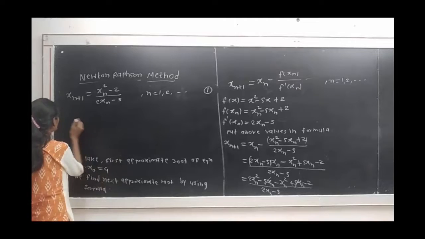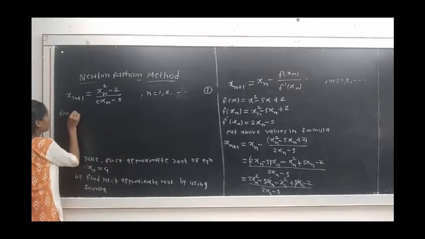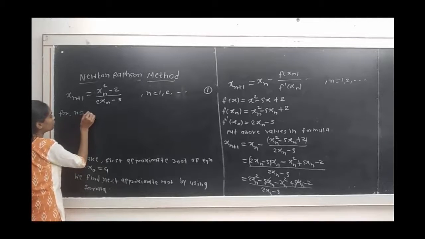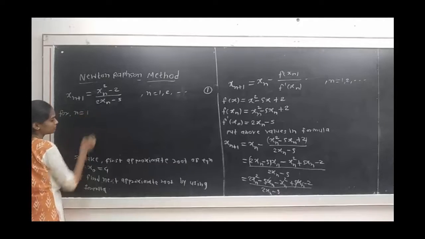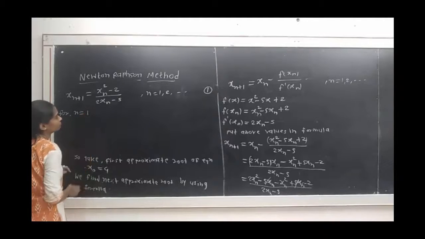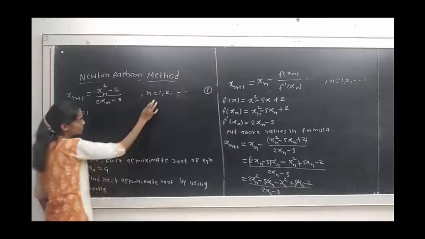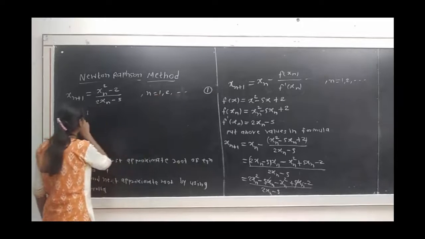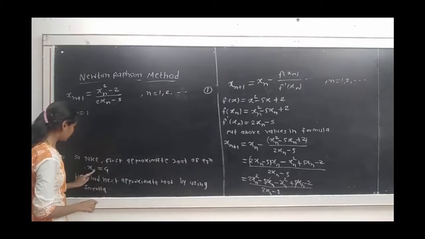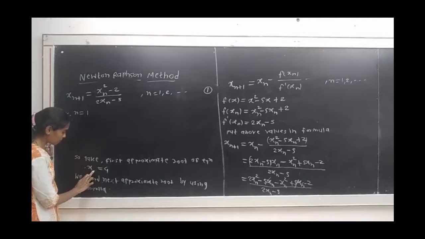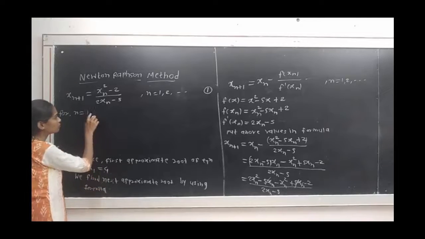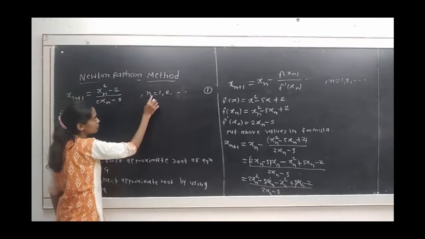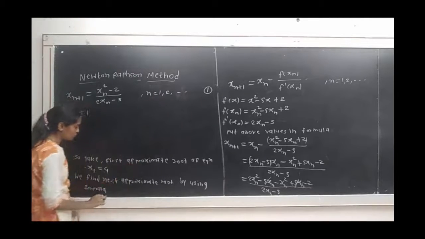So for n is equal to 1, here we consider the initial approximation x1 is equal to 4, because we consider the formula for n is equal to 1 up to and so on.